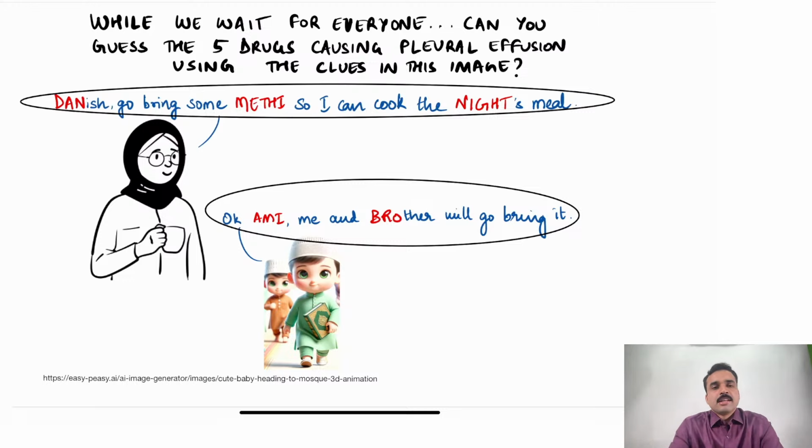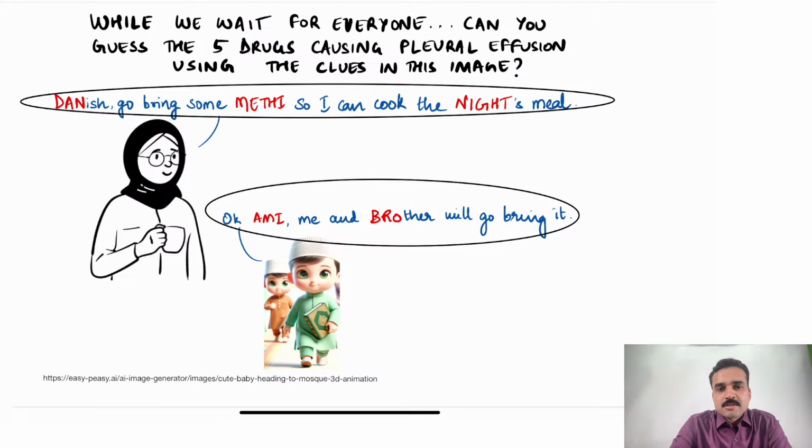In this mnemonic, or a picmonic, there's this lady. We just had Eid yesterday, no? So Eid Mubarak to everybody. There's this lady telling her son Danish to go bring some methi so she can cook the night's meal.